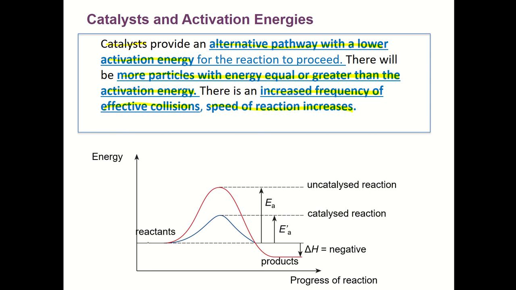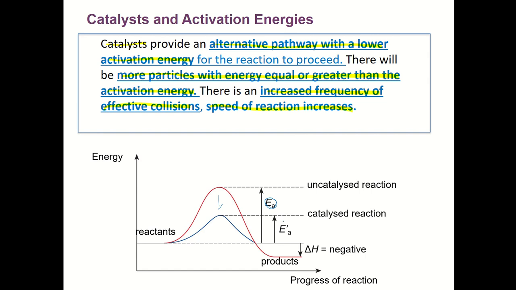So initially, the reactant actually has to overcome this huge activation energy for reaction to take place. But when you have a catalyst, what happens is you lower the activation energy. So you can see it's lowered now.